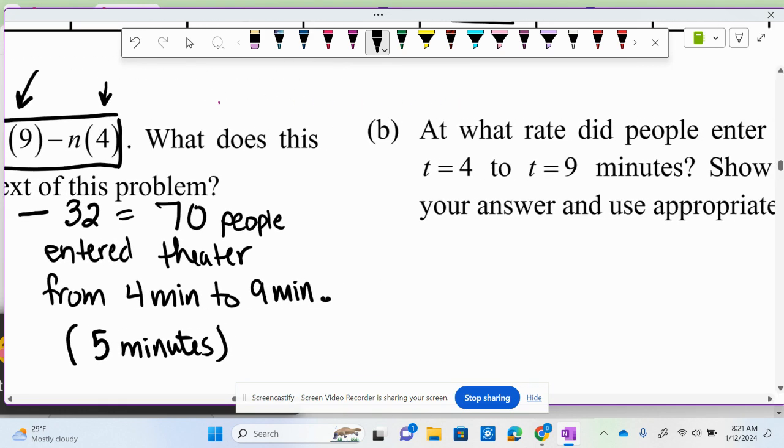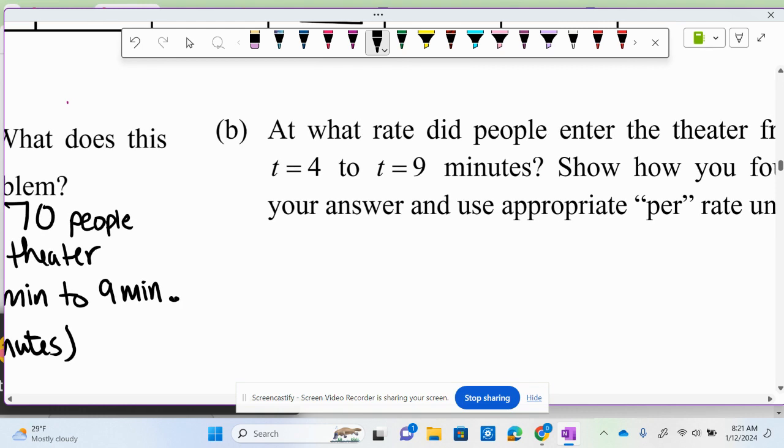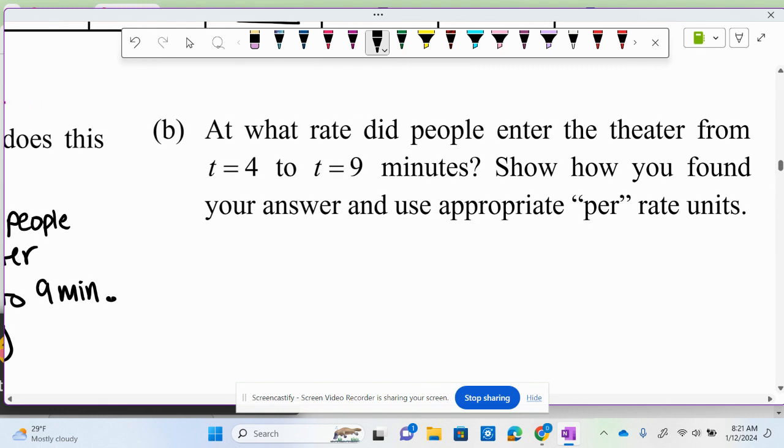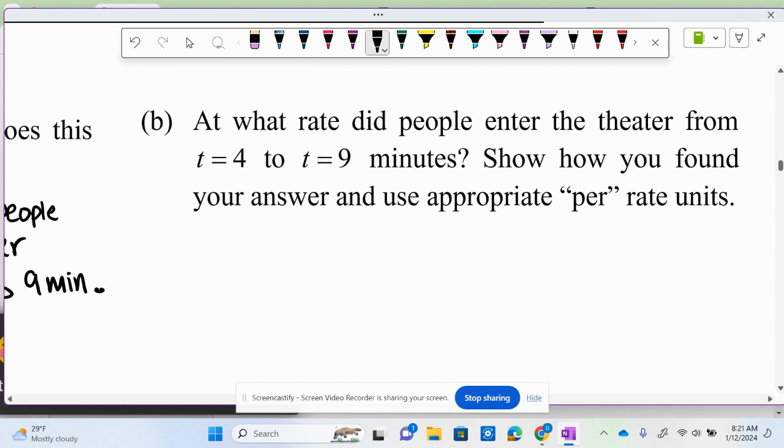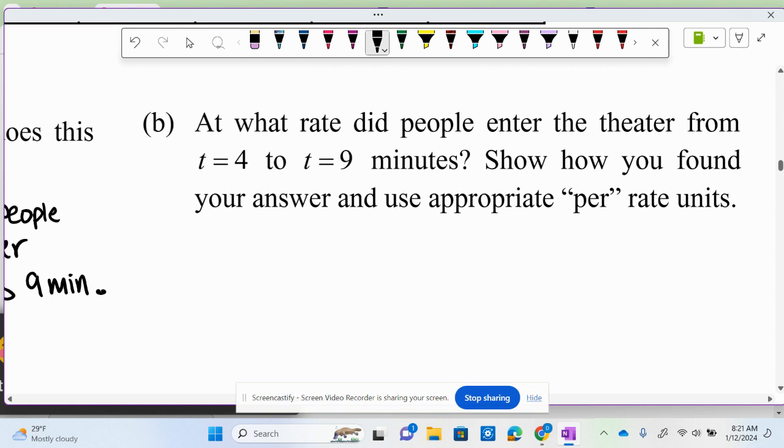So at what rate did people enter the theater from T equals 4 to T equals 9 minutes, and show how you found this and use per in your answer. So we know that between 4 and 9 minutes, 70 people entered. And that 4 minutes to 9 minutes is how many minutes passed? Well, Hayden told us that was in 5 minutes.